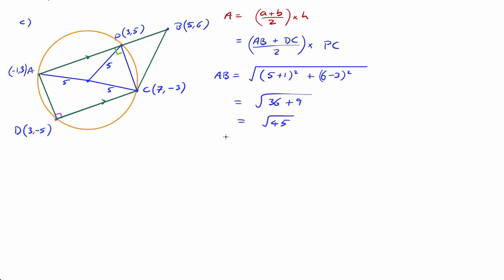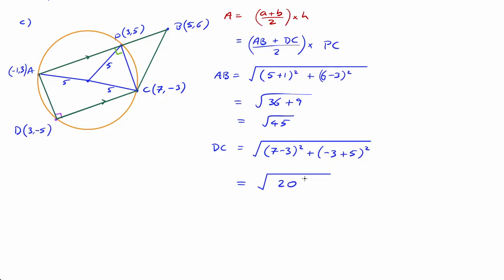Okay, the length DC is the square root of 7 minus 3 squared, plus -3 plus 5 squared, which is the square root of 16 plus 4, which is 20.